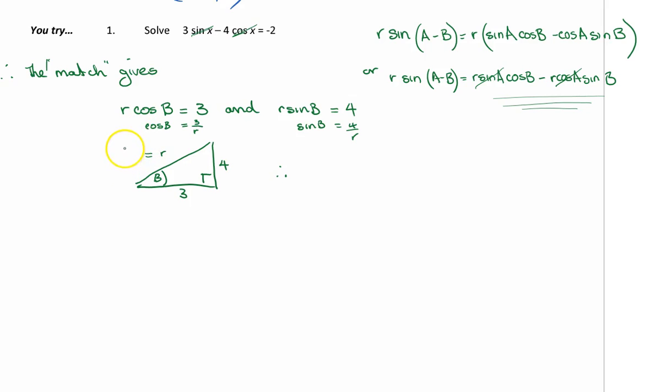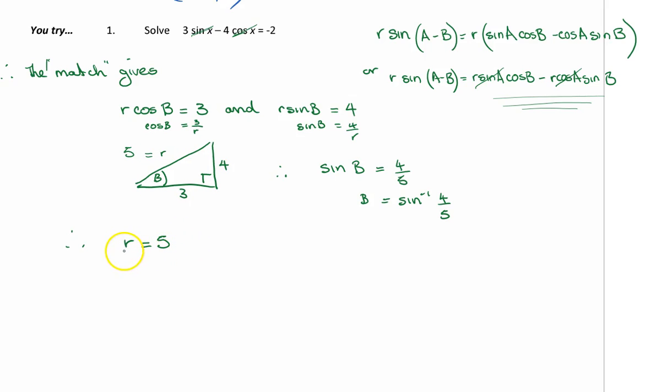We don't really need to use Pythagoras if we know our Pythagorean triads. R is equal to 5, and we can then say either one of these. So we've got our value for R. That was pretty easy to find.